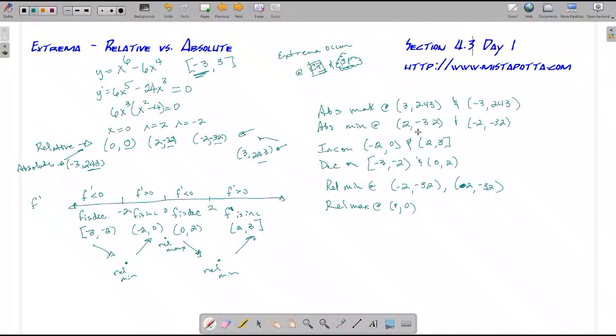I've got absolute minimums, the lowest the graph can go, at +2 and -2. So I can actually say that my range for this would go from -32 to 243. I can make that call about my range because I know about my absolute extrema. And of course, the domain was given to me, this domain going from -3 to +3.